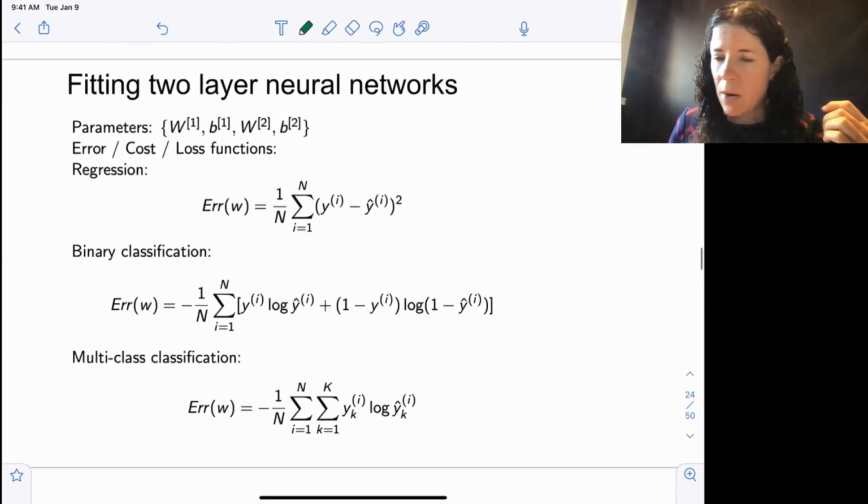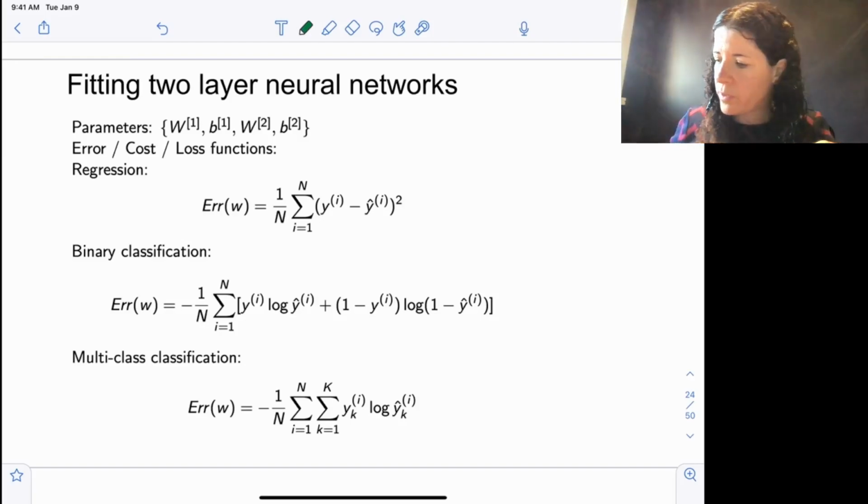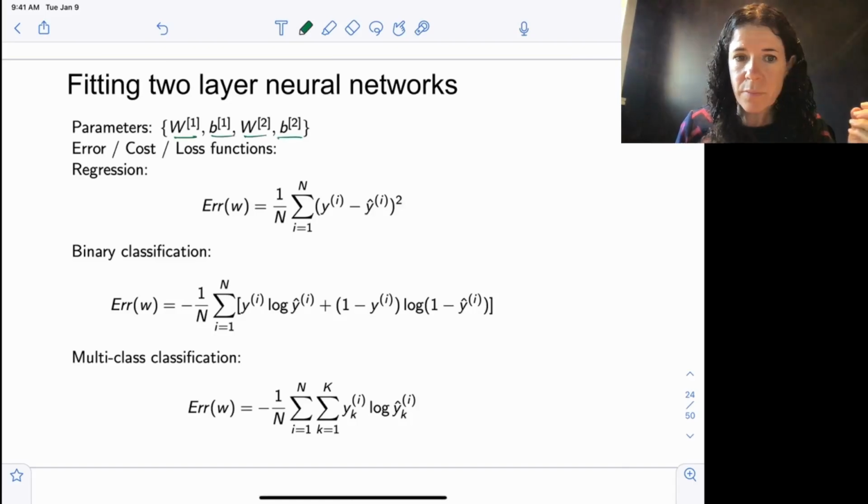Okay, so how do we fit a two-layer neural network? This is kind of similar to what we have done before. We have these parameters, W1, B1, W2, B2, and in a similar way as before, we can define a loss function.